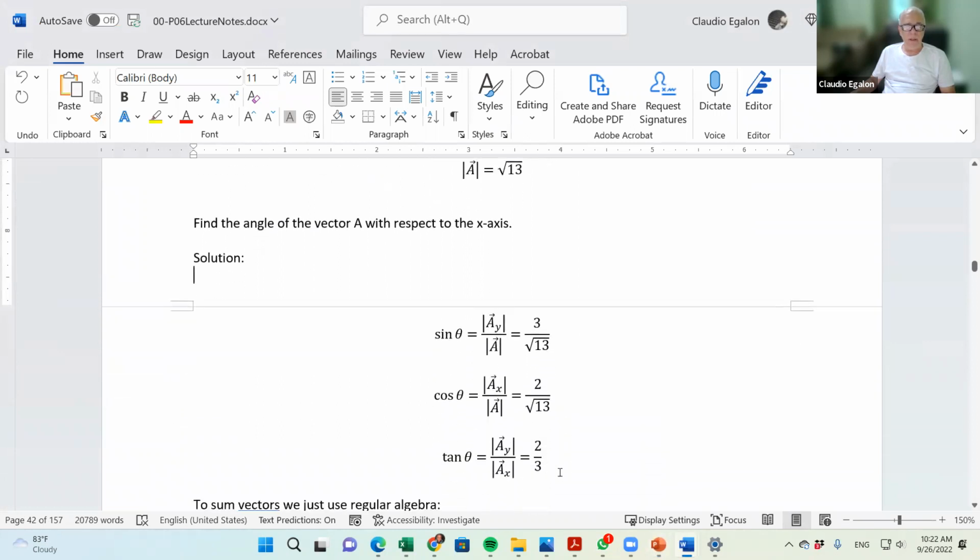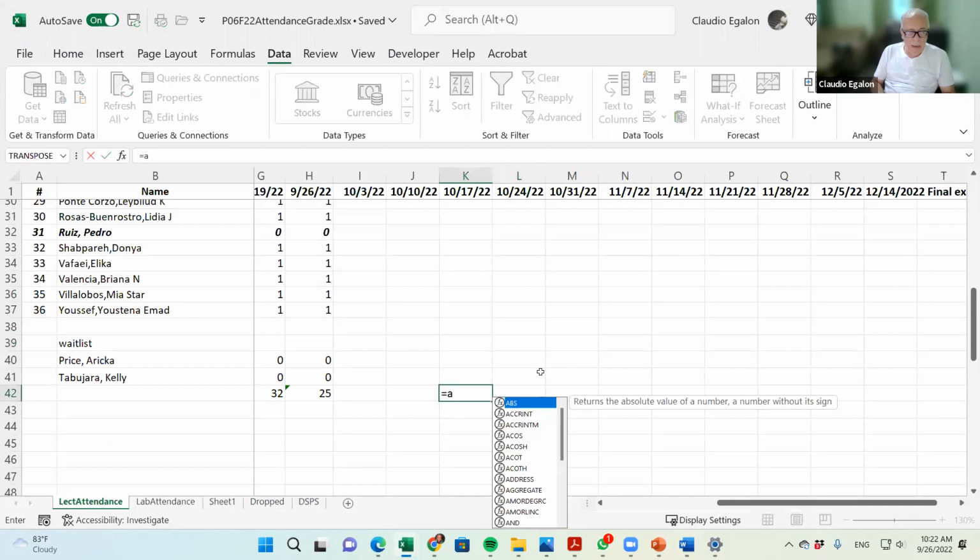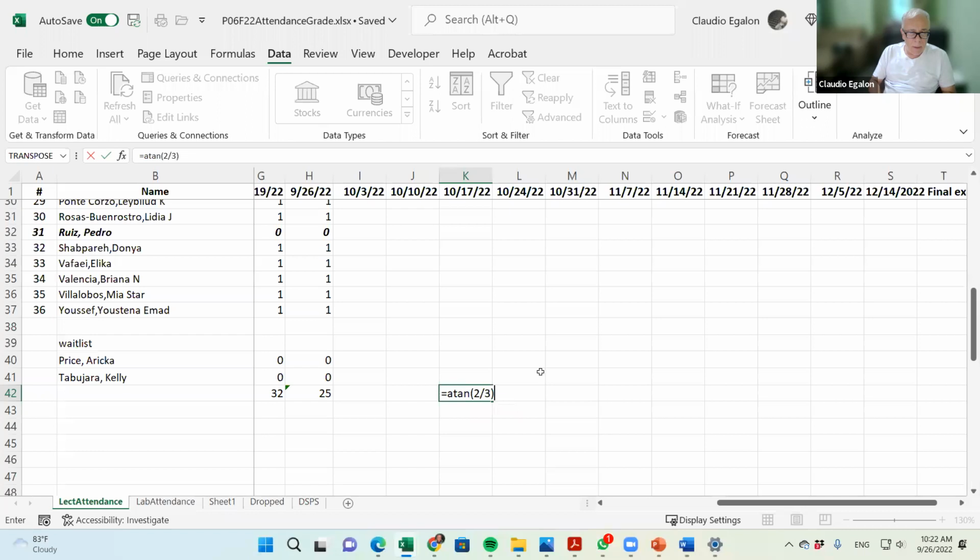Cosine is that, tangent is that, right? And then you just go ahead, get your calculator, or your Excel, and find out what's the angle. I'm gonna do that for you. Here you go. It's 2/3, right? Arc tangent 2 divided by 3.